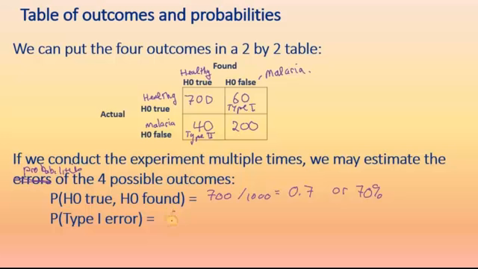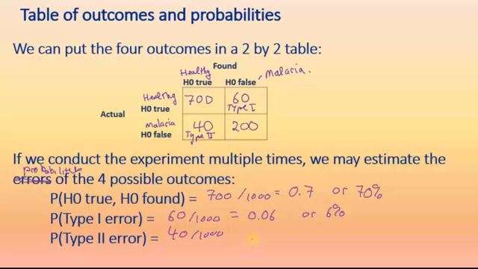Well, that was 60 out of 1,000, and that's equal to 0.06 or 6%. Okay. Now, probability of type 2 error is going to be 40 over 1,000, equals 0.04 or 4%.